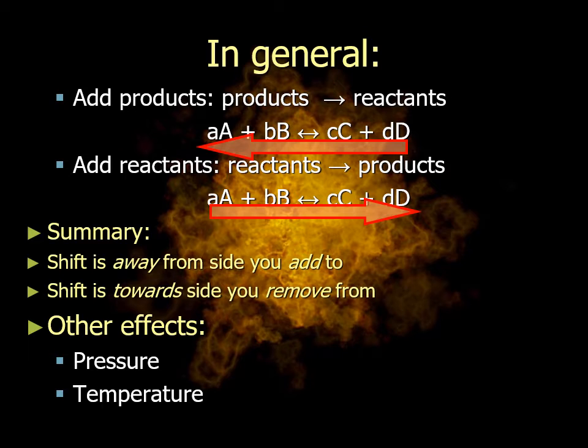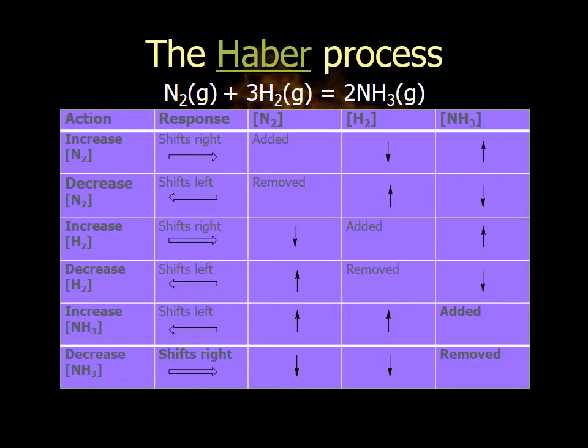Now we're going to look at pressure and temperature. And just to illustrate, in the Haber process, we have two reactants and a product. So this chart shows all the possible variations on the Le Chatelier theme. So we can increase the N2 on the left side, we can decrease N2, we could increase H2, we could decrease H2.